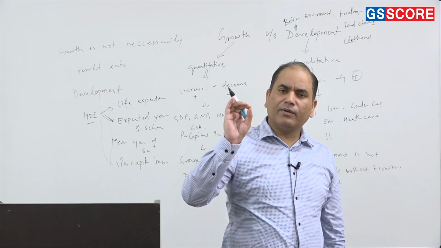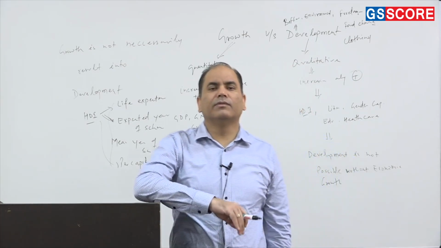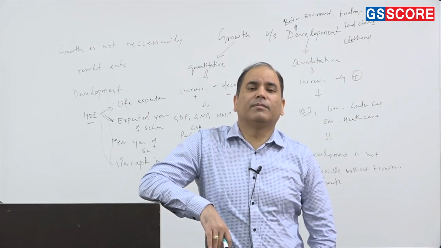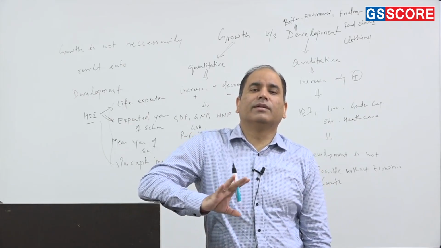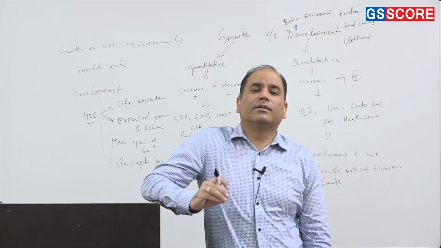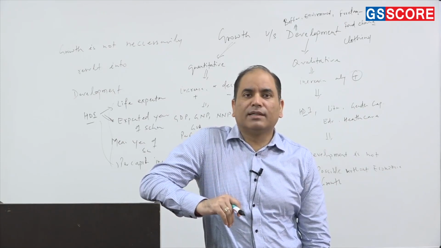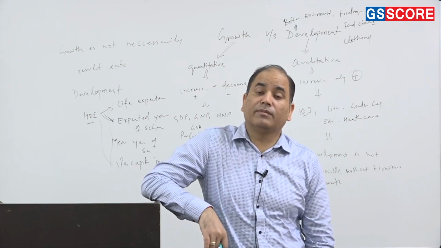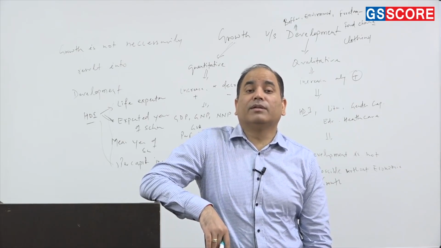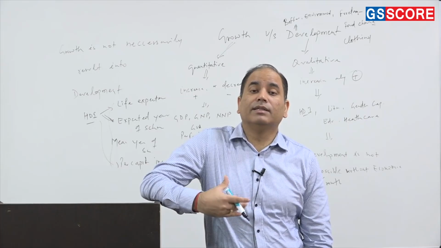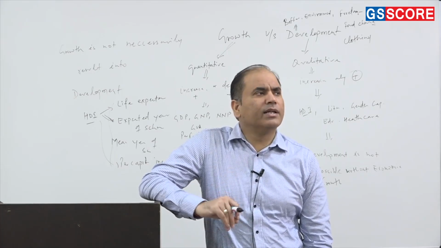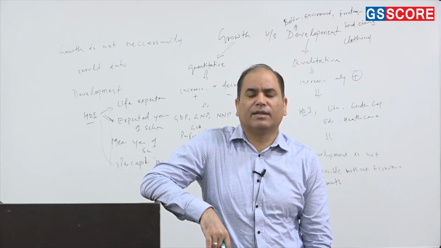But even then, this concept is also very narrow, because development is not only related to those countries that do well on these 3 indicators. Development is much more, beyond these indicators. Let me give you very good examples.